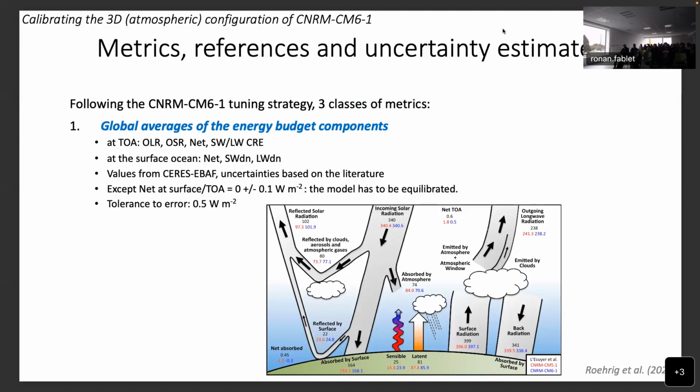As a reference, we use spatial observations with some uncertainty derived from the literature, except for the net energy budget at the surface or at the TOA, where we think that the observations are not good enough to constrain it. So we make quite a strong constraint because we want the model to be equilibrated.